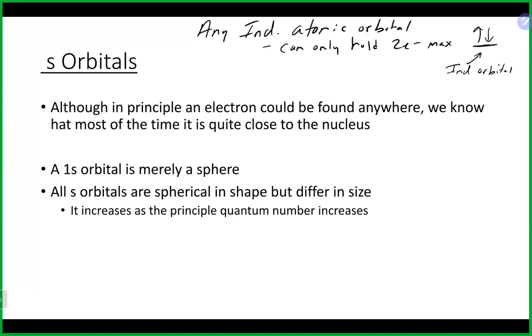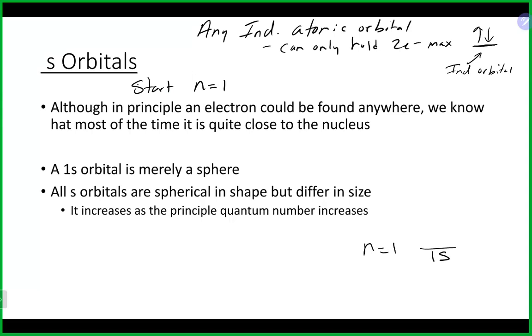Now, when we talk about s orbitals, they actually start at the very first energy level, the n equals 1 energy level. So if you remember, n equals 1 is the lowest energy state. If you go to the n equals 1 level, you will find what is referred to as a 1s orbital.